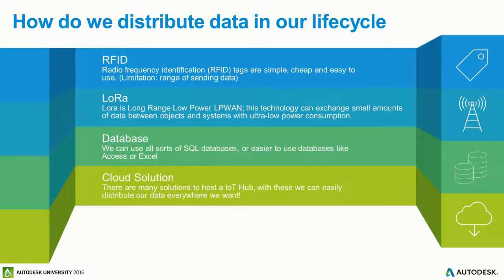LoRa is a long-range, low-power network. It's actually just like Wi-Fi, but really low in power consumption, and it can put data everywhere.